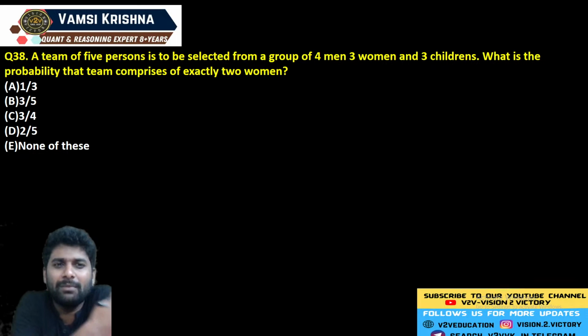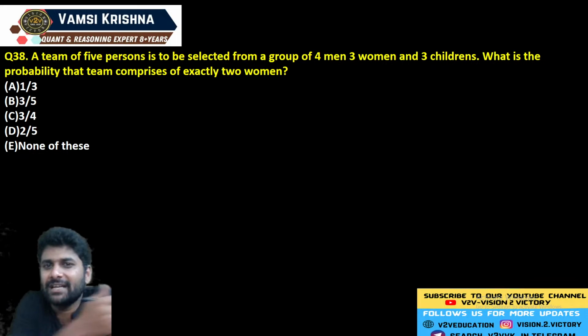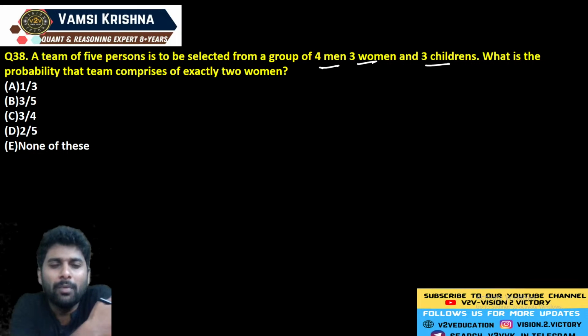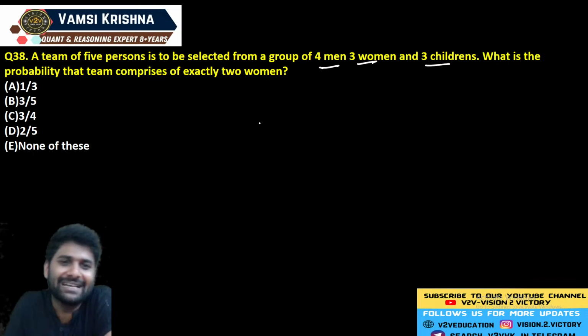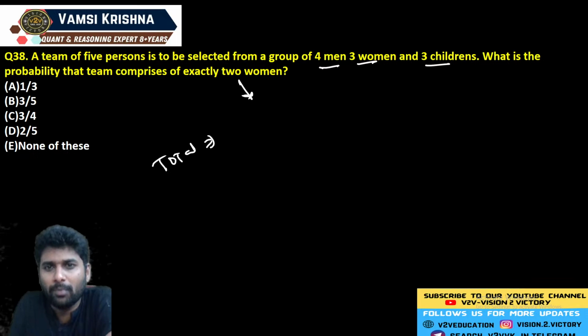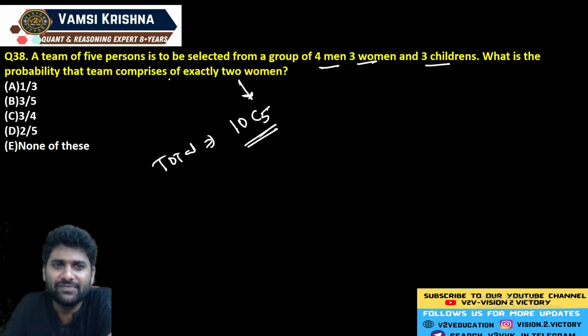Next one, see. A team of 5 persons is to be selected from a group of 4 men, 3 women and 3 children. What is the probability that the team comprises exactly 2 women? Out of 5, exactly we need 2 women. First of all, what is the total probability? So total, how many people do we have? We have 10 people. Out of 10 people, we have to select 5. Out of 5 persons, 2 are women.